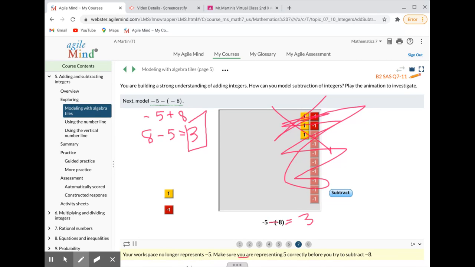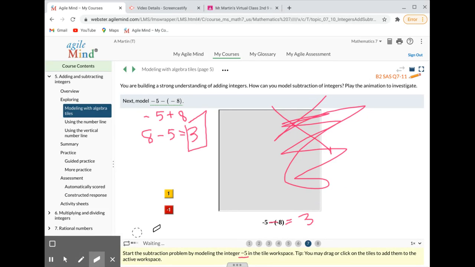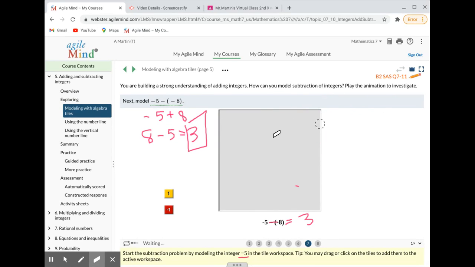Yes. I understand it, but I don't understand why they make us use those tiles when there's a way simpler and easier way. Needless to say, I'm not going to make you use it that way. Now, Levi said it the best way earlier. All you would have to do is negative 1, negative 1, negative 1, okay?